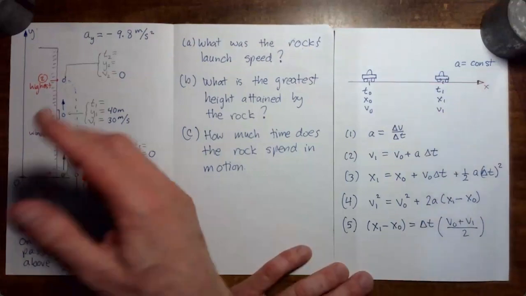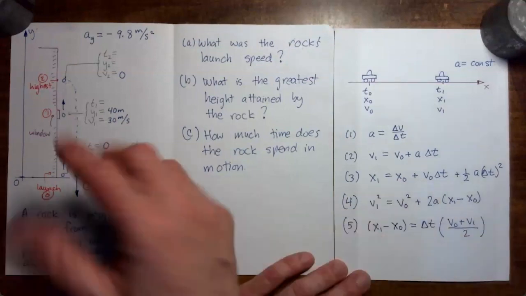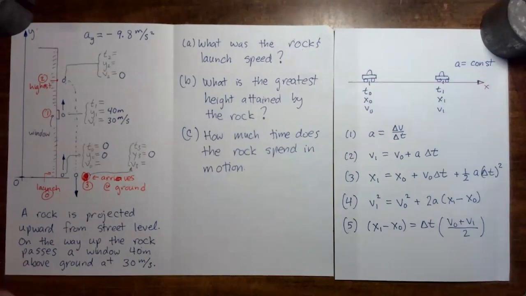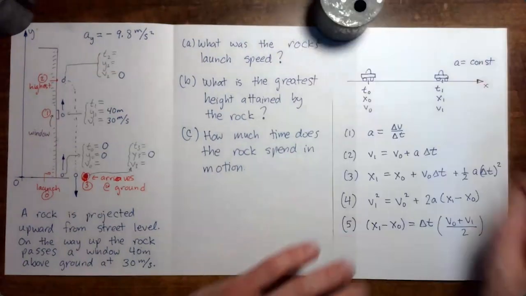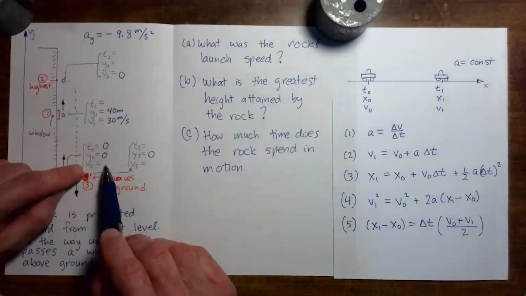Here, we're using a y-axis, but no problem. If we apply these equations to this problem, we'll just turn the x's into y's. Let's go to part A. It asks, what was the rock's launch speed? If we go to the figure, what we are being asked for here is V0.